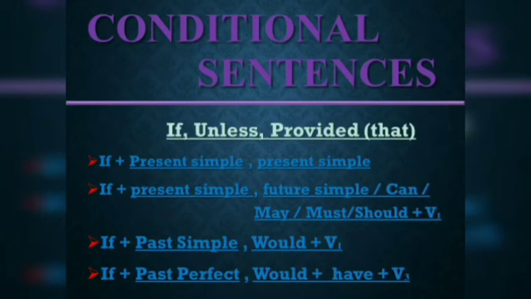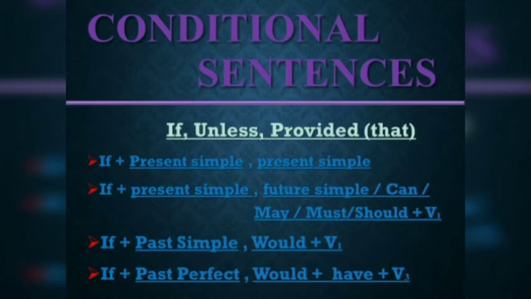So this third category of conditional sentences is used to express something which is quite unrealistic and can never occur in future. For example, if I inherited $1 billion, I would travel to the moon. I repeat, if I inherited $1 billion, I would travel to the moon.